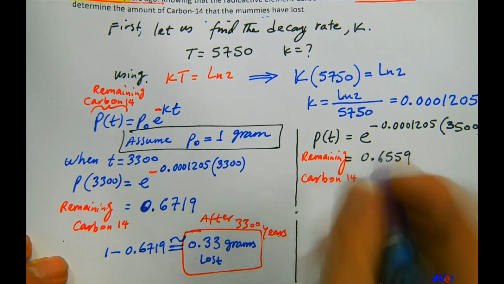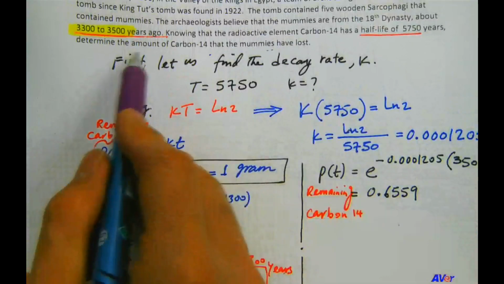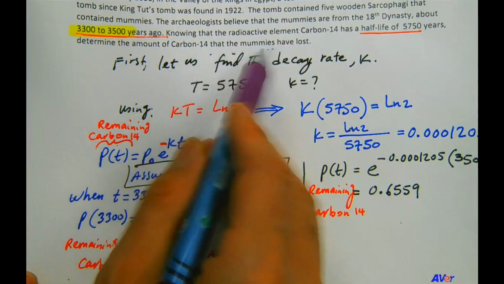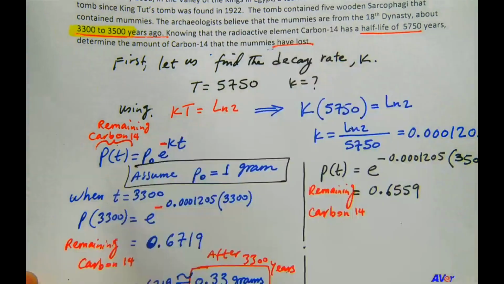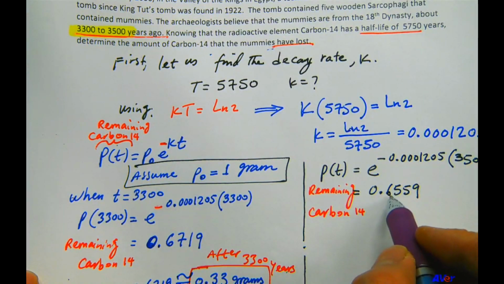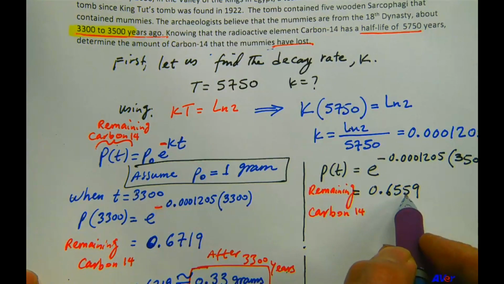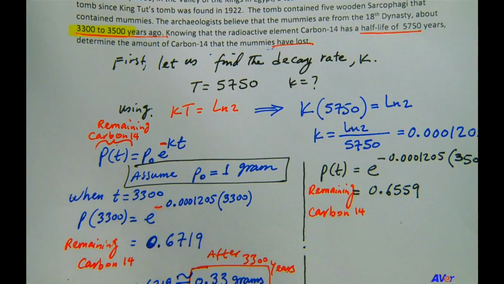We don't want that. We want the amount of carbon-14 that the mummies have lost. So we need to subtract this from 1 gram, since this is how many grams are left.